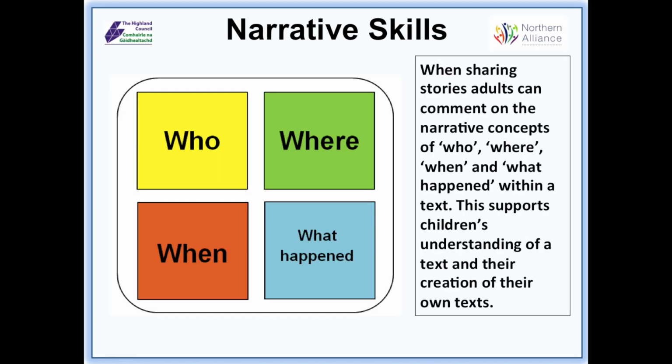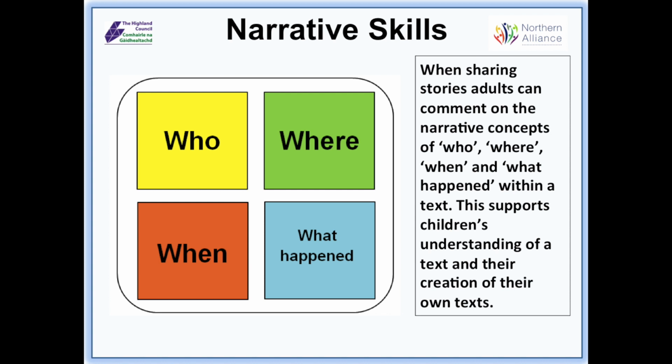When sharing stories, adults can comment on the narrative concepts of who, where, when, and what happened within a text. This supports children's understanding of a text and their creation of their own texts.